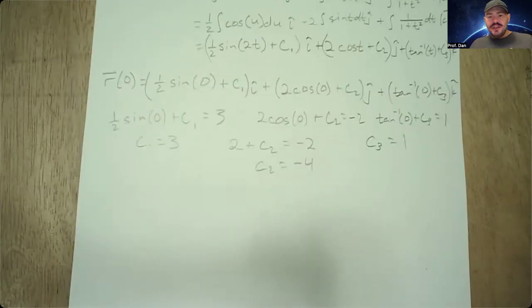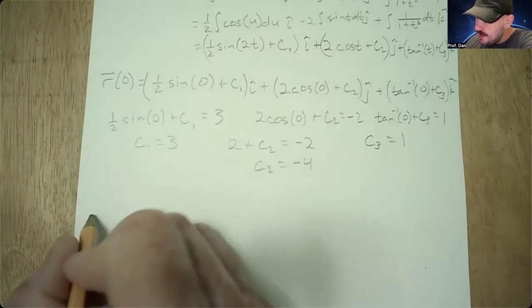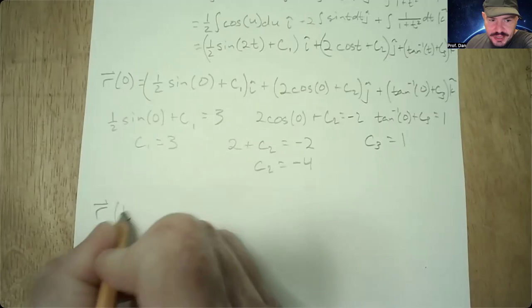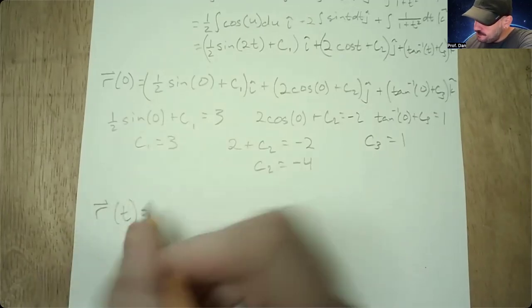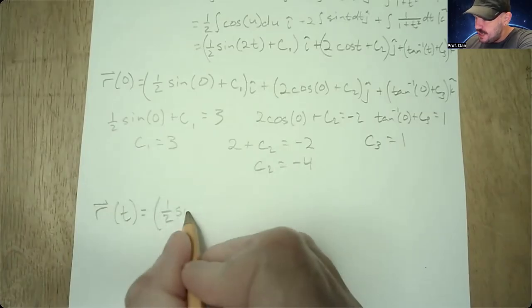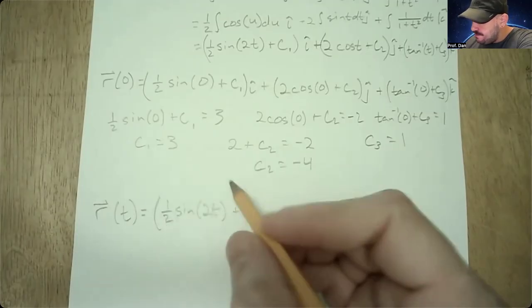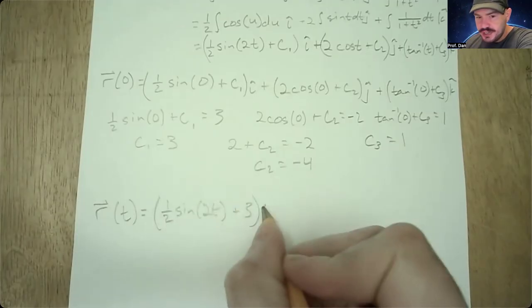Now that I know what the values are for my constants, I can give my final answer. I know that r of t is going to be 1/2 sine of 2t plus 3. That's my i component.